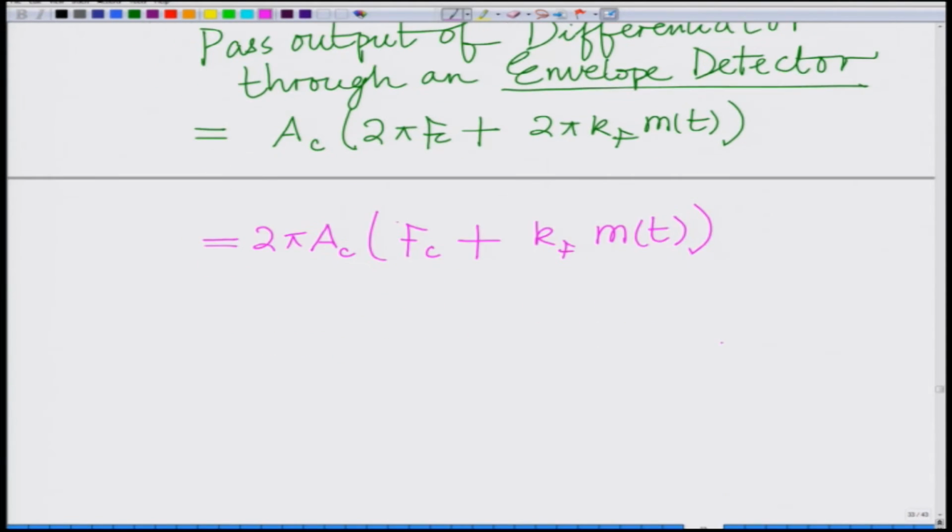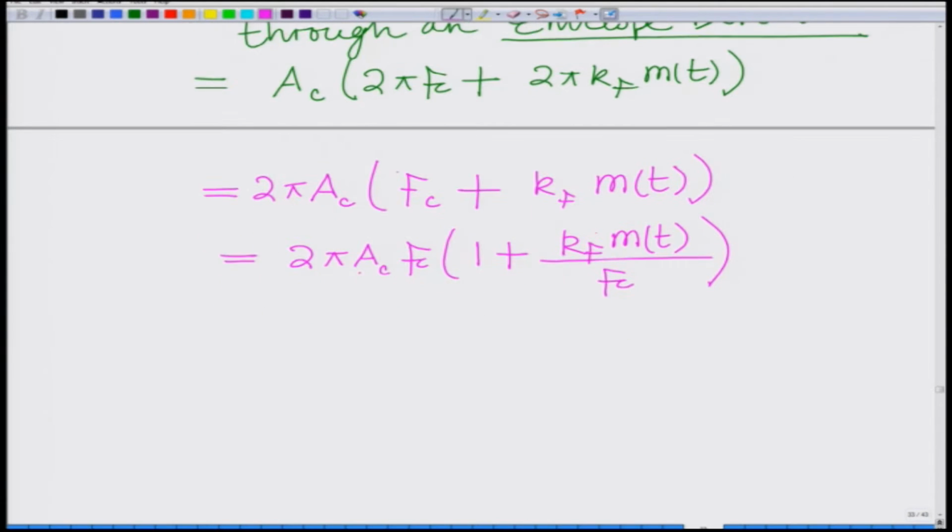And if you look at this, it is equal to 2 pi A C f c into 1 plus k f m t divided by f c. Okay.